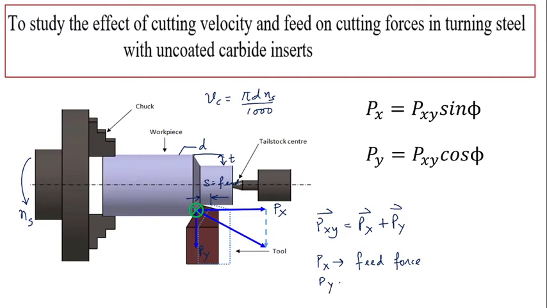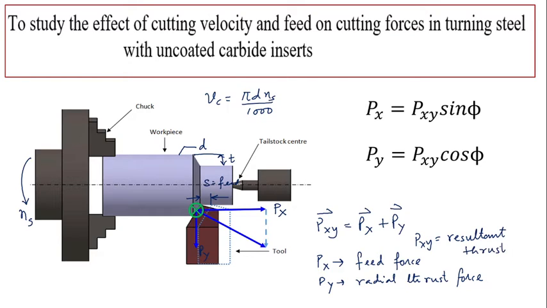Py is called the radial thrust force, and Pxy is called the resultant, or simply it is called thrust force.